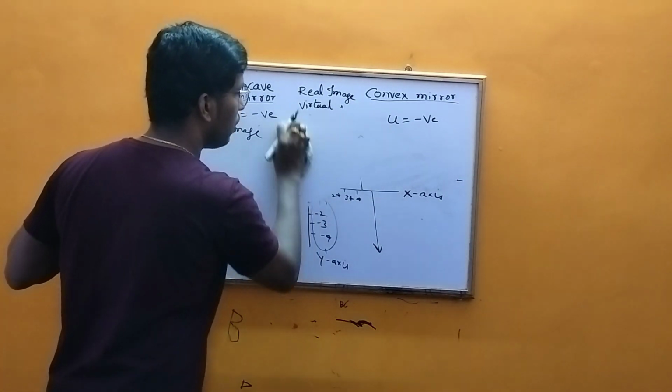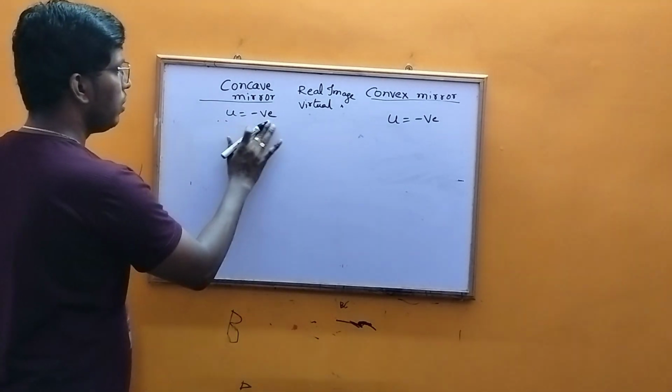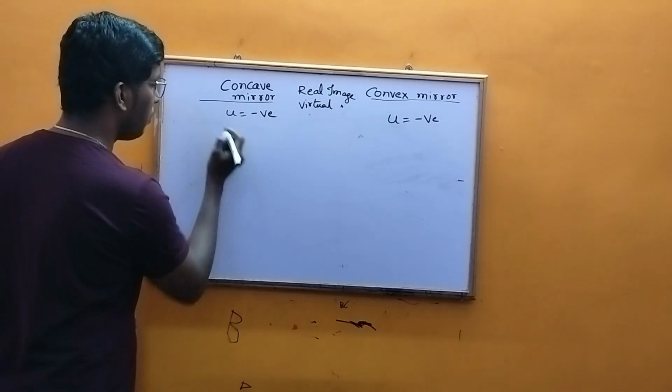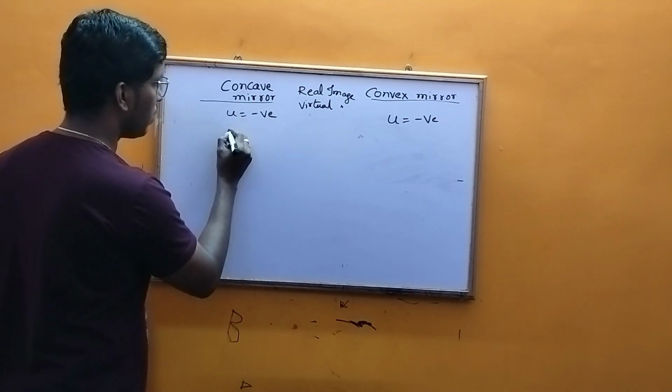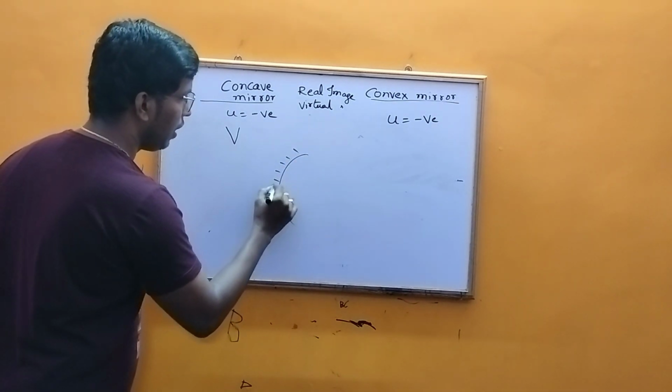So one thing we have understood: object distance is negative for both the cases. Now coming to the image distance. I will draw both the diagrams.